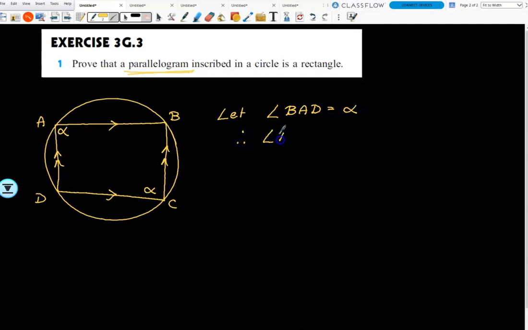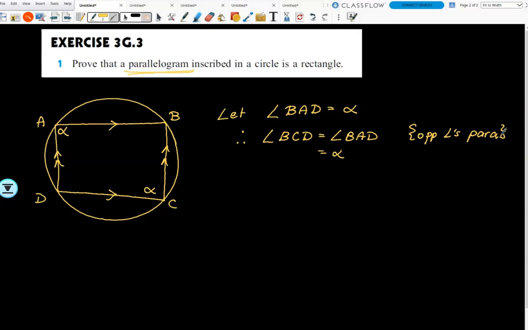Therefore, angle BCD equals angle BAD, which is alpha. And why were they equal? Because they're opposite angles of a parallelogram. Again, you can write parallelogram, or you could write opposite angles of a parallelogram. Are we happy with that?